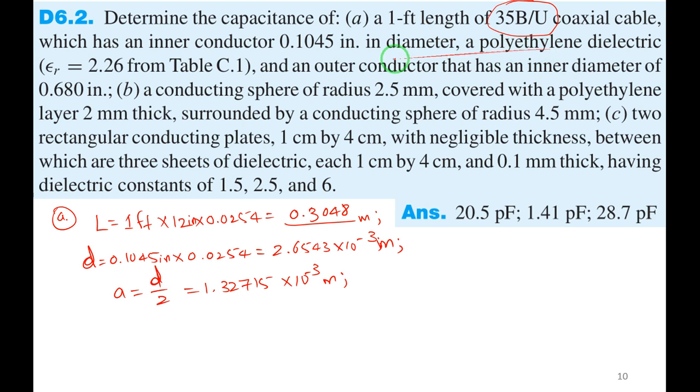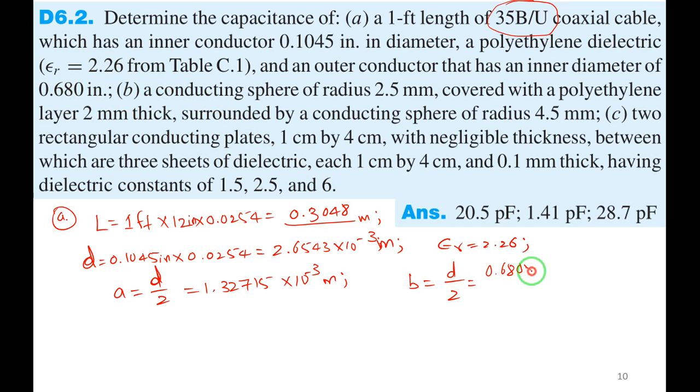The dielectric medium is polyethylene, with epsilon r given as 2.26. The outer conductor, B, has an inner diameter of 0.680 inch.